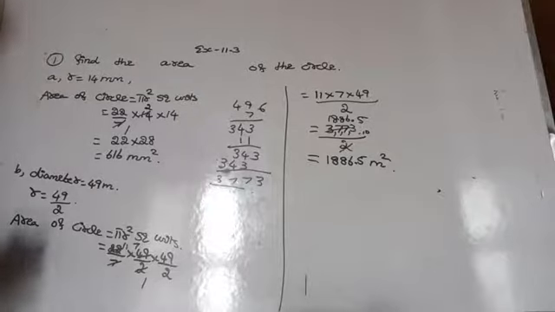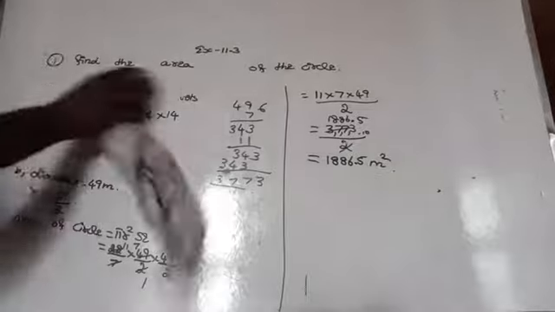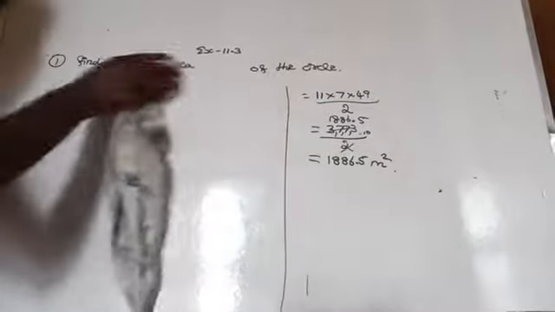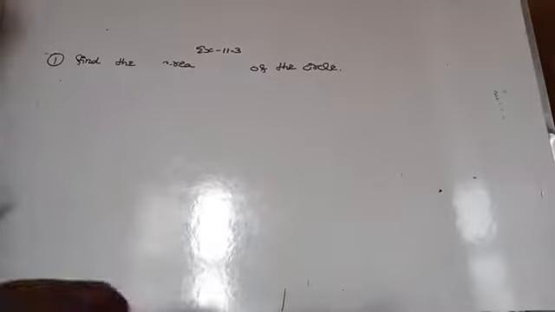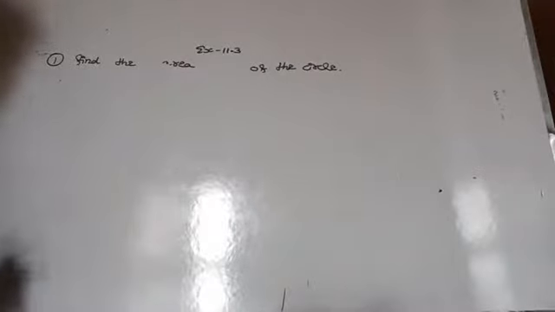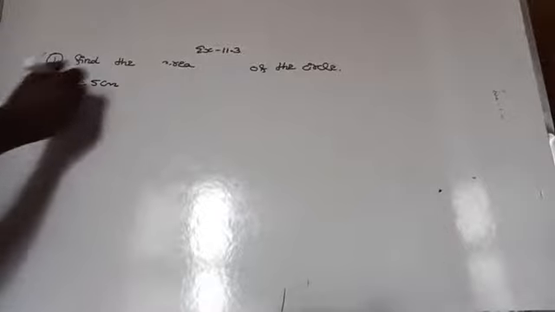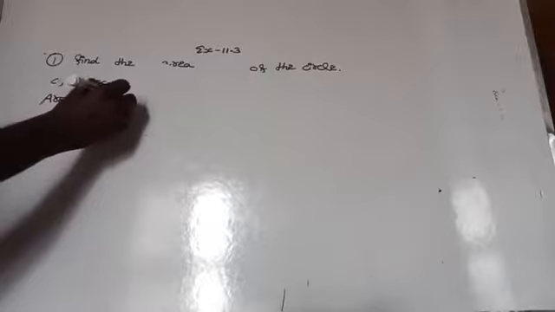In the third question, the radius is given as 5 centimeter. Now what is the area of the circle?